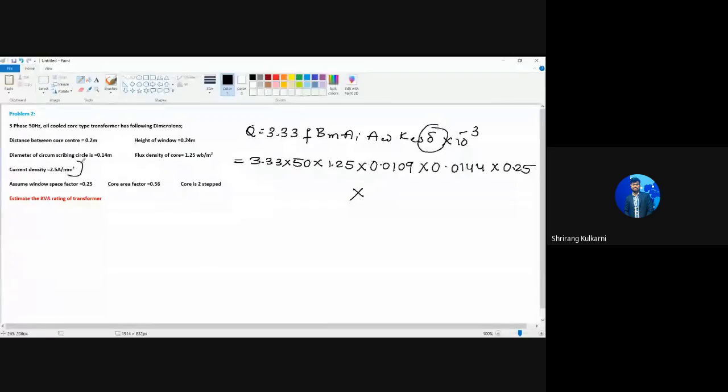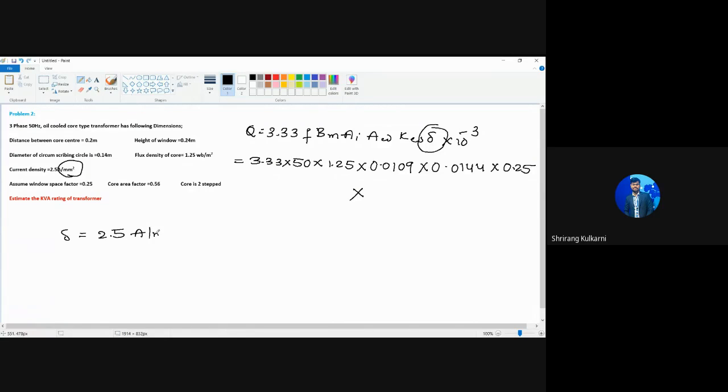Next, now this we have to substitute. The value given is in terms of mm square, but we have to substitute in meter square. How to substitute that? In the last problem I have discussed this one. So convert that 2.5 delta into 10 to the power of plus 6. Explain again.